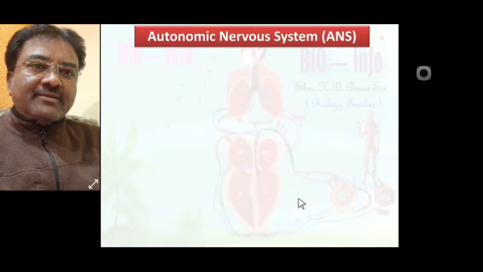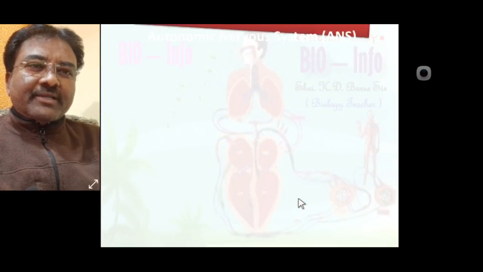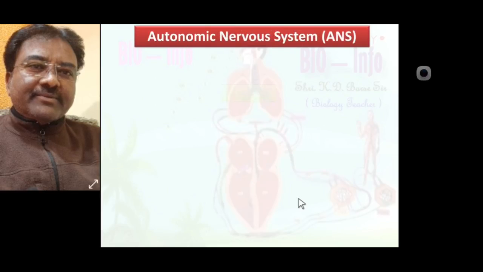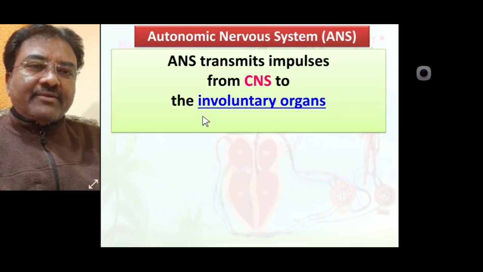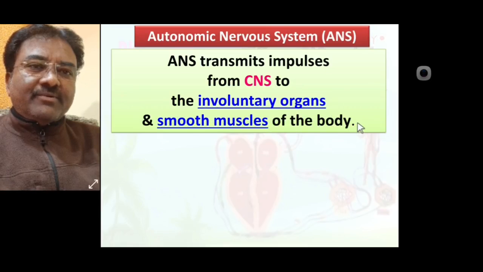Now we learn the autonomic nervous system. The autonomic nervous system transmits impulses from the CNS to involuntary organs and smooth muscles of the body. It controls involuntary organs and smooth muscles through impulses from the CNS.